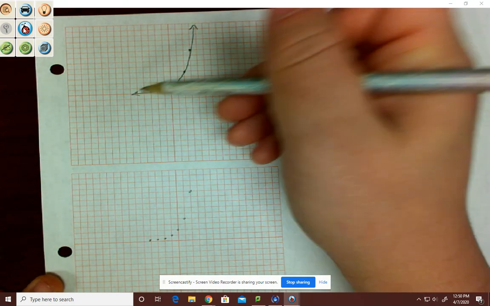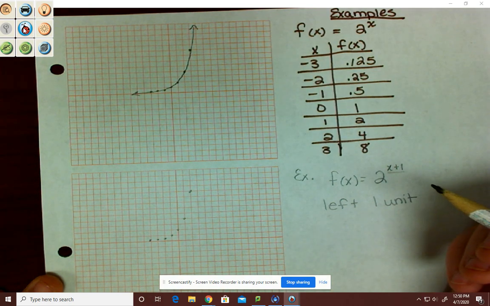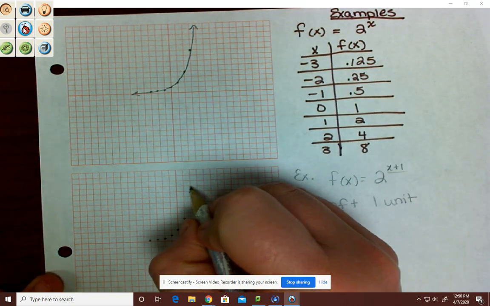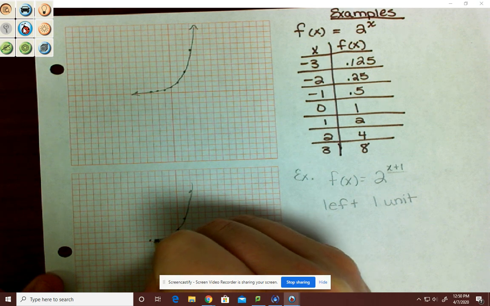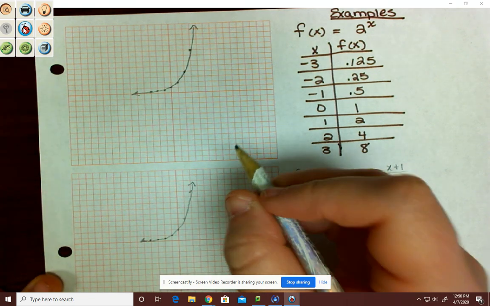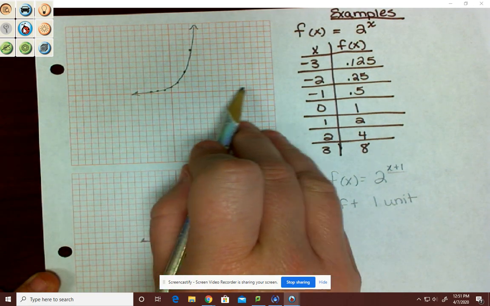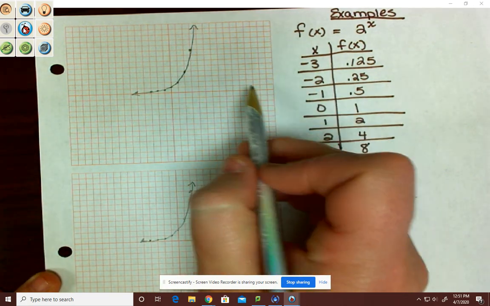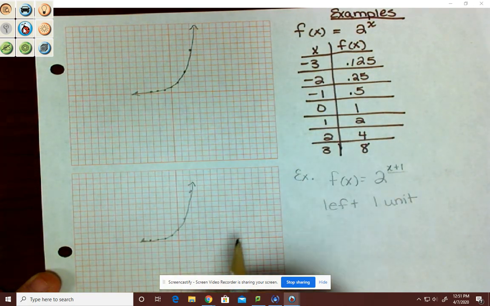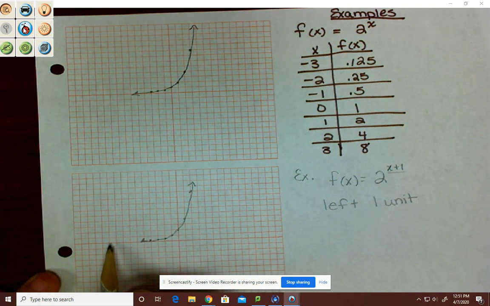And you can do it on the same graph if you'd like, or one below it. I just didn't want it to overlap and look confusing. Now remember, this has an asymptote of the x-axis here. And we didn't move it up or down anywhere, so that still gets closer and closer and closer to the x-axis but never touches it.